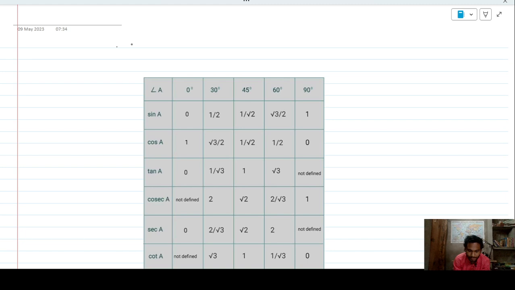This is the table for T ratios at its short form, T ratios of some angles.